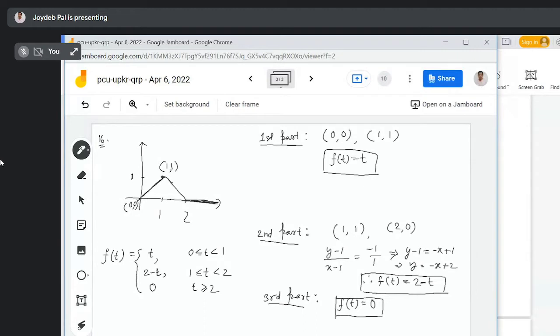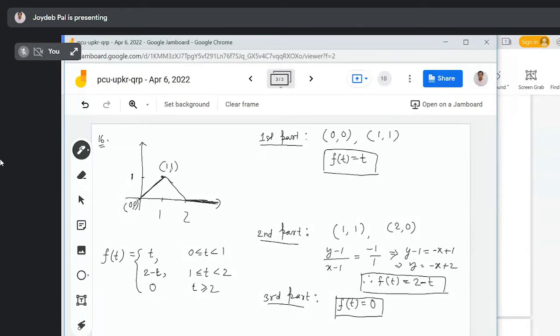If you put equality here also, like t less than 1, you can write t less than or equal to 1 also, and t less than 2, here you can write t less than or equal to 2 also. Okay, so that is our function.